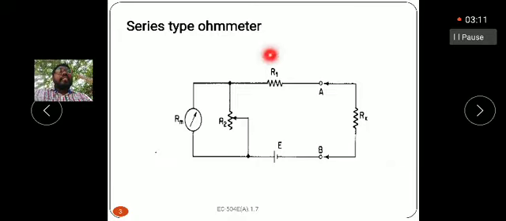We also connect the battery, and the unknown resistance Rx is connected across the terminals A and B. We have a procedure to explain.